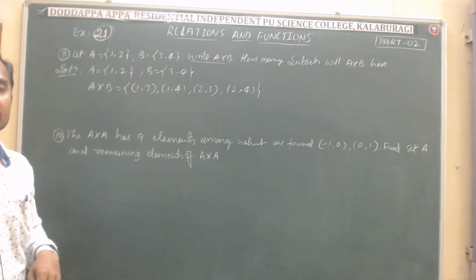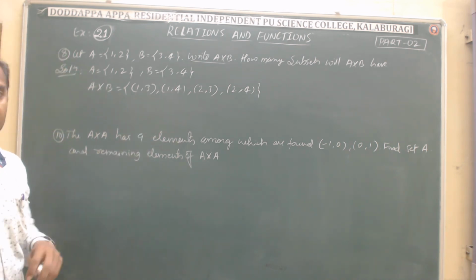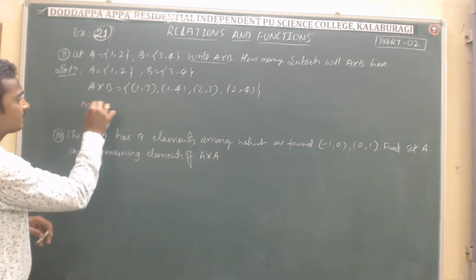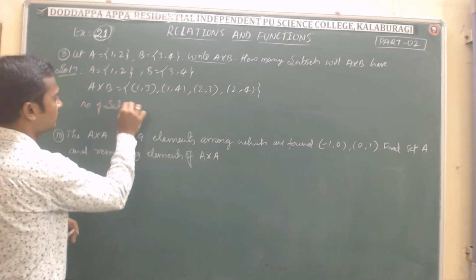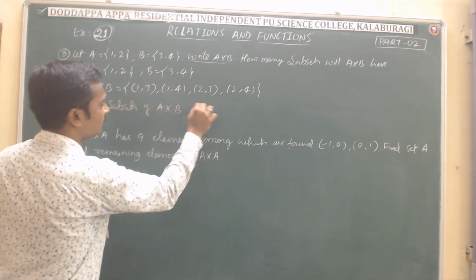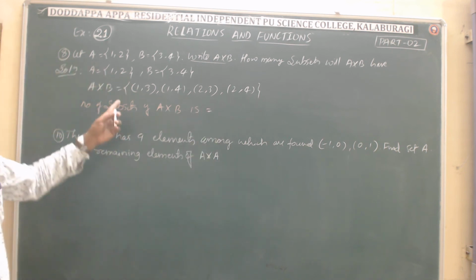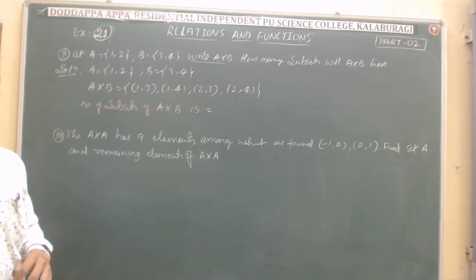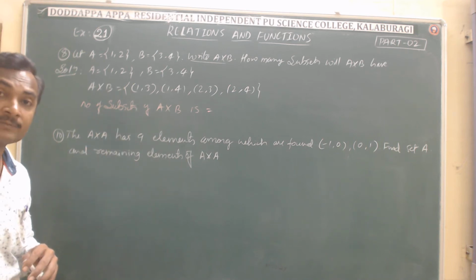We want to find the number of subsets of this Cartesian product. So what is the total number of elements? 1, 2, 3, 4. There are 4 elements and we are asked to find the number of subsets.